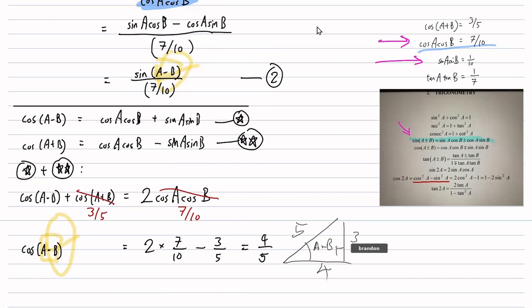So what is sine A minus B? Ta-da! Correct. And then you're done. But let me just write it down. You have to clarify first. Should it be a plus sign or minus sign? How? Plus or minus?